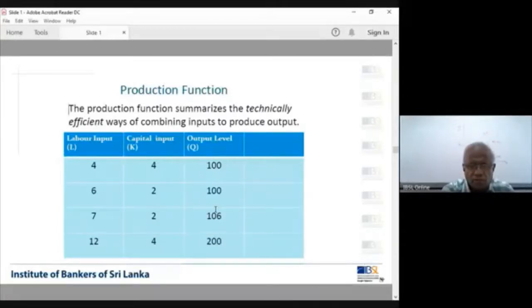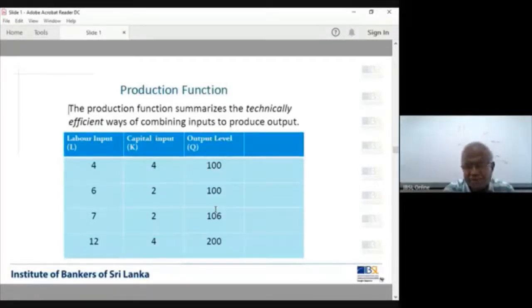With 6 workers and 2 computers, the maximum output is 100. If they produce 95, it is technically inefficient. With 7 and 2, the maximum output is 106.